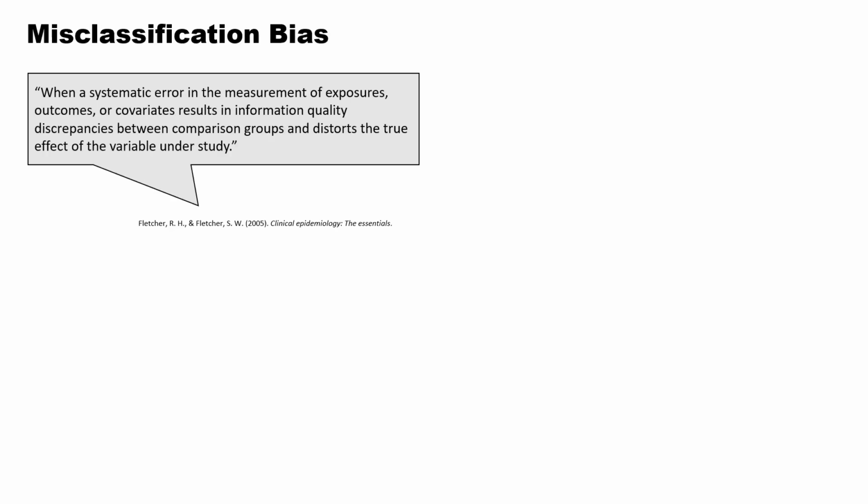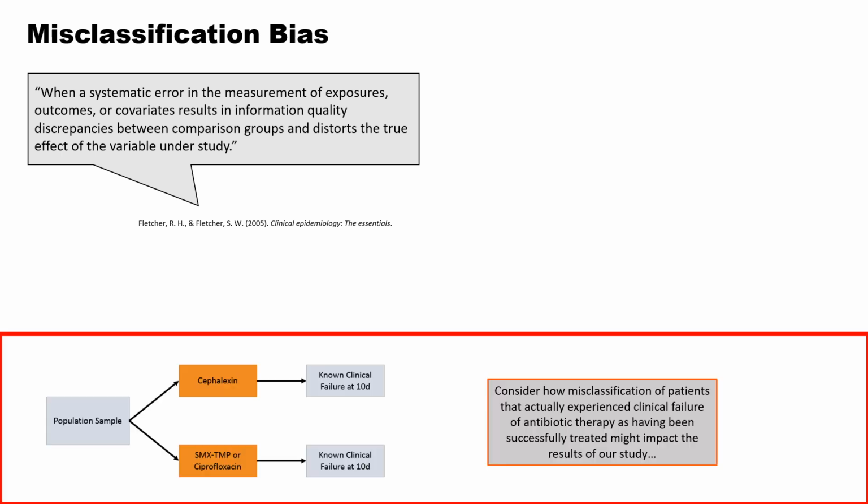So the first type of bias to discuss is misclassification bias, and this is defined as when a systematic error in the measurement of exposures, outcomes, or covariates results in information quality discrepancies between comparison groups and distorts the true effect of the variable under study. So if you think about the research project that we are working on designing to compare outcomes between patients treated with cephalexin and those treated with Bactrim or ciprofloxacin, consider how misclassification of patients that actually experienced a clinical failure as having been successfully treated might impact the results of our study.